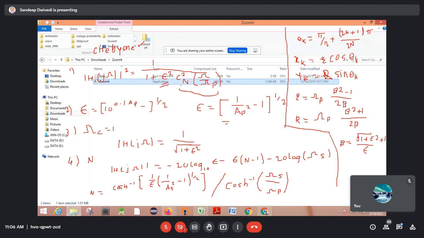This all is raised to power 1 by capital N, where N is the order of the filter. So this is how you can find the beta, and then the transfer function. After that you can find the pole position denoted by sp.